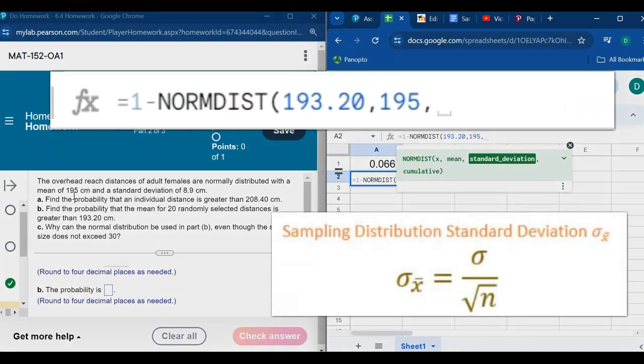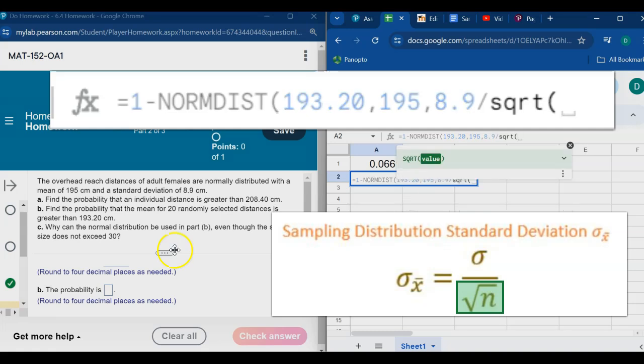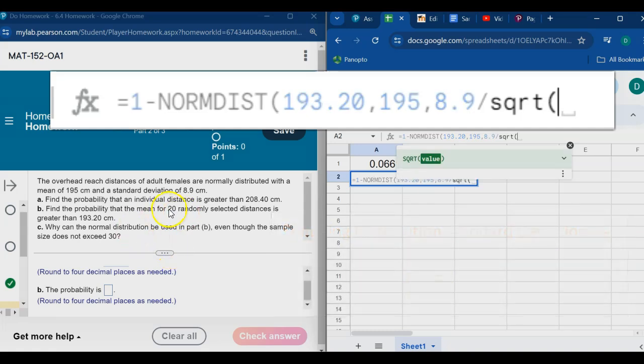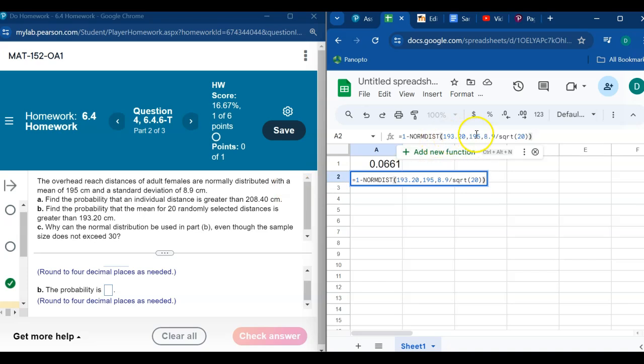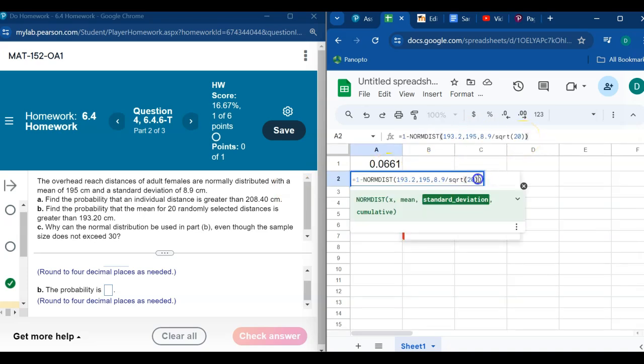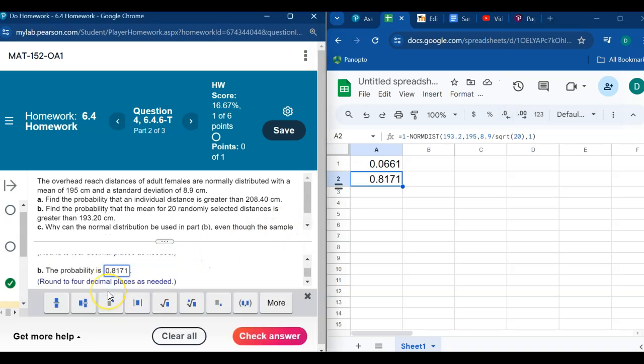The standard deviation for the distribution of sample means is the old standard deviation, 8.9, divided by the square root, SQRT, of the sample size. The sample size is 20, so I put that in the denominator. Close that off, then comma, and 1 for cumulative. Round it to 4 decimal places, and there's my probability.